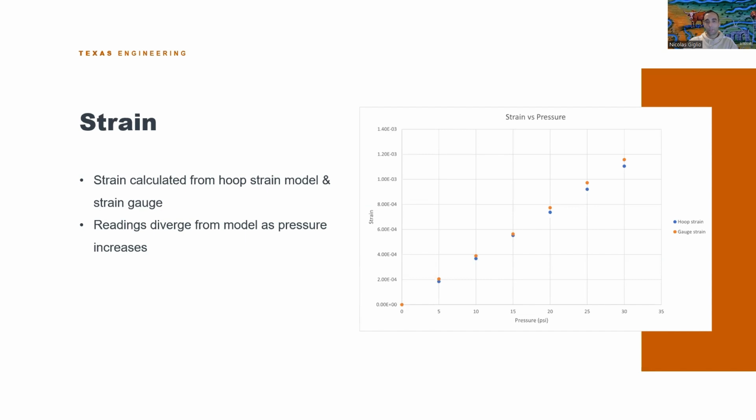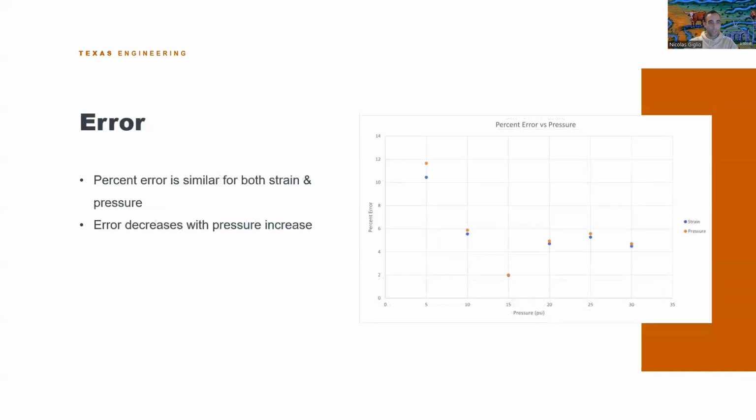I think a better way of achieving that would have been to have a pressure transducer along the system to get us LabVIEW readings and give us a better accuracy in our calculations, specifically with hoop strain. I think that would have definitely closed the gap, especially at the higher PSI levels, and solved a lot of those issues.